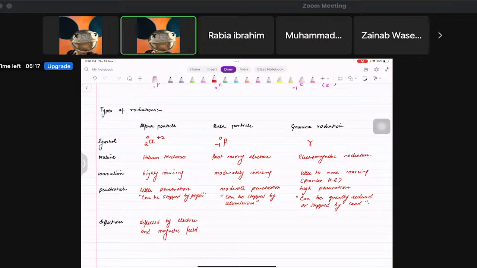Beta particle can also be deflected by electric and magnetic field. We are also going to draw diagrams later. Any charged particle will be deflected. But gamma is undeflected because it has no charge. It has no mass and no charge. Understood?